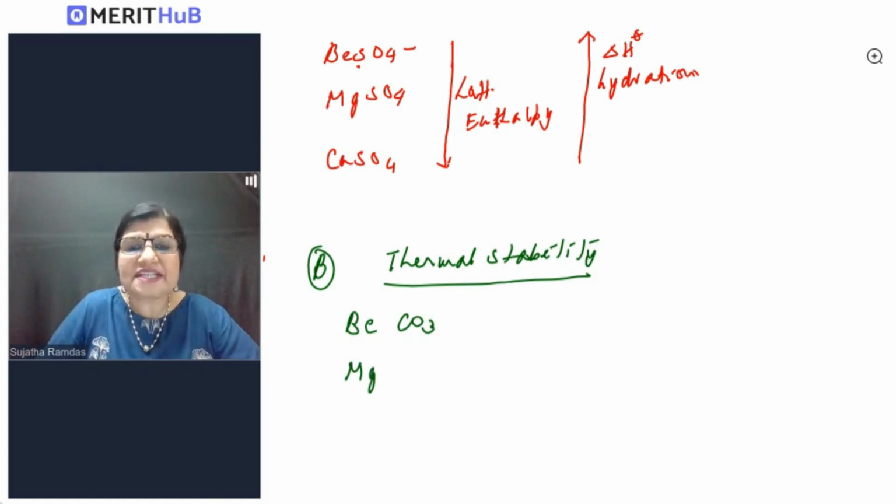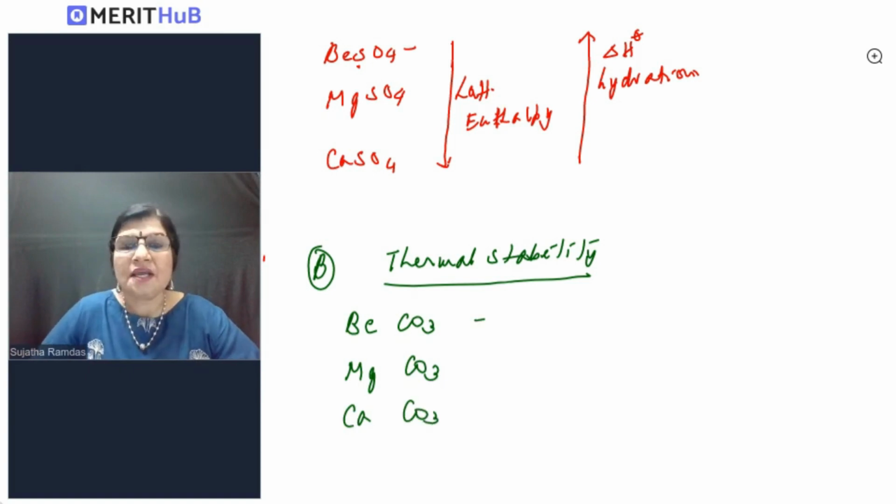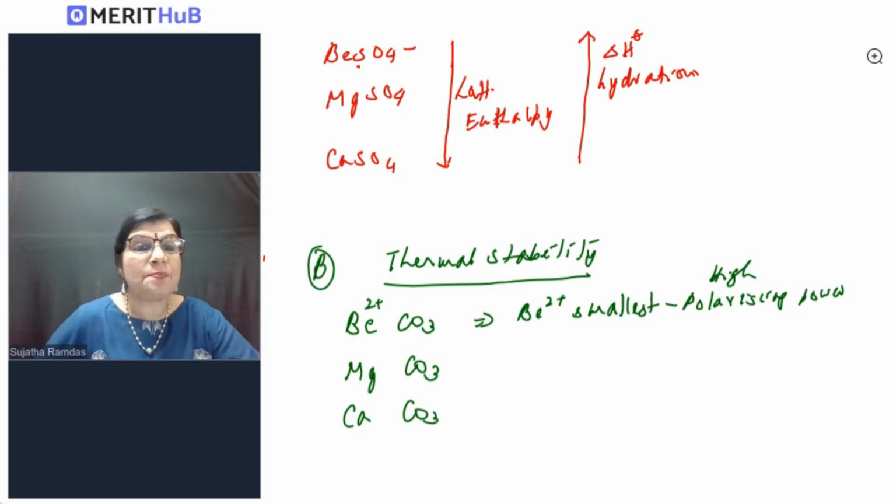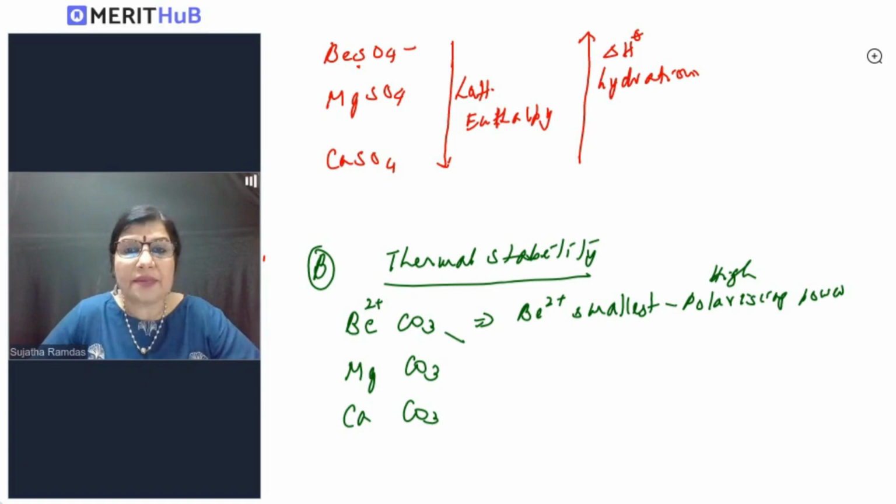Beryllium ion being the smallest, its polarizing power will be high, and when the polarizing power is high, beryllium carbonate will have the least lattice enthalpy.